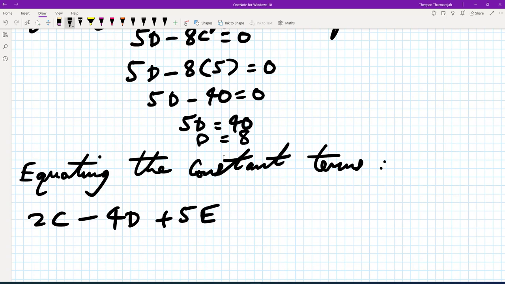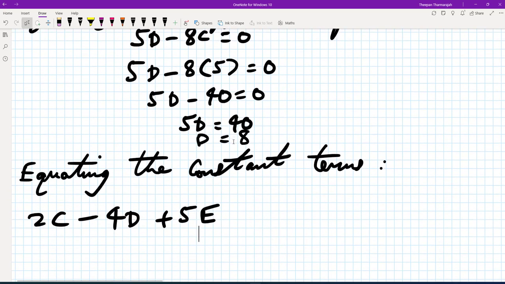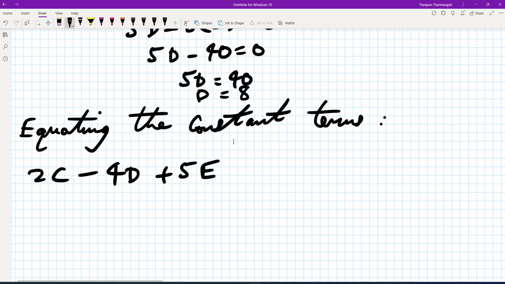Let's go back and double check that. So it's 2c minus 4d plus 5e is equal to minus 7.